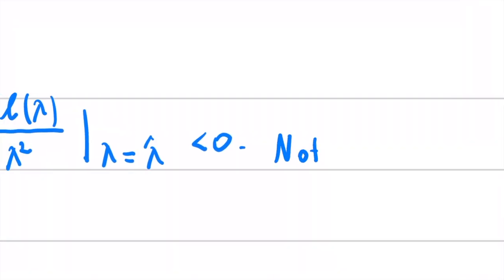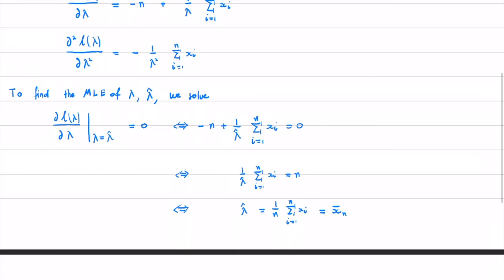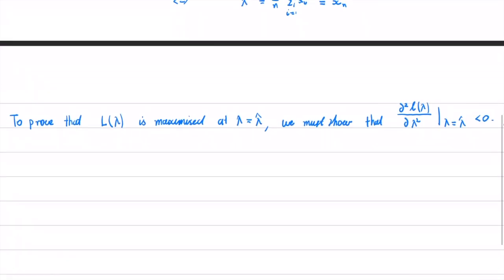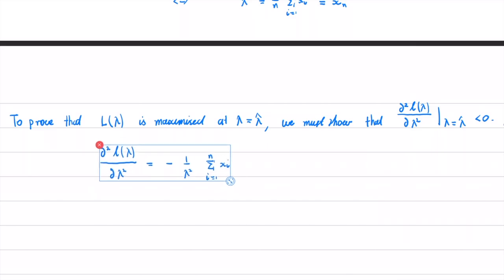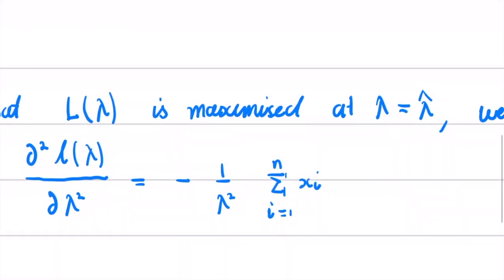So note that, where was our second derivative? That's what we found before. So here is our second derivative. I'm going to just copy and paste it. Let's take a closer look here.